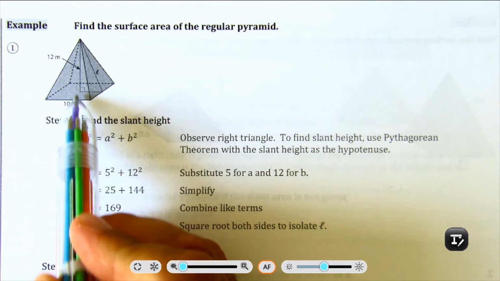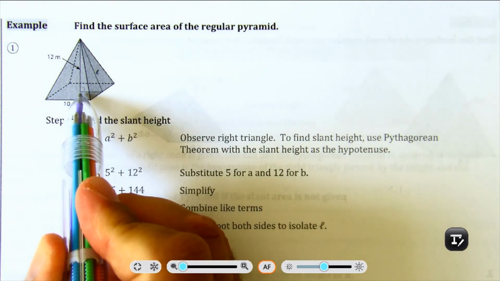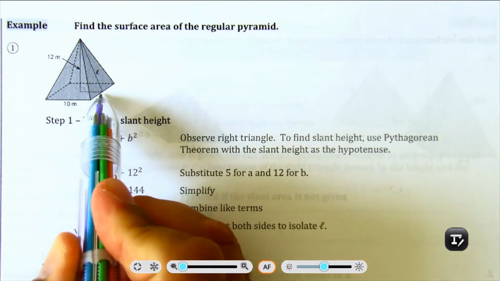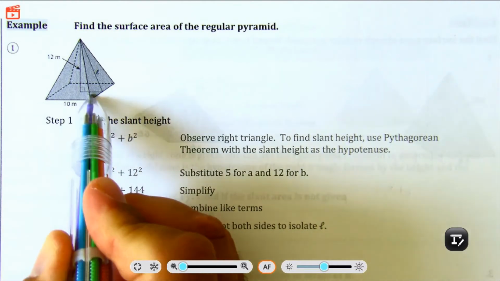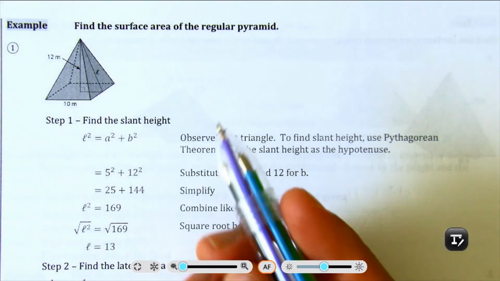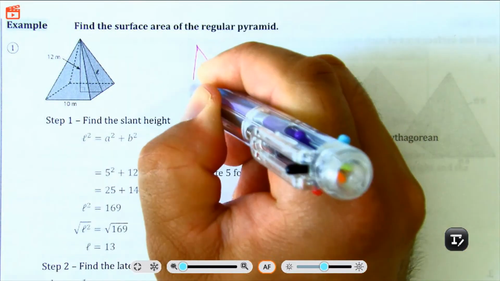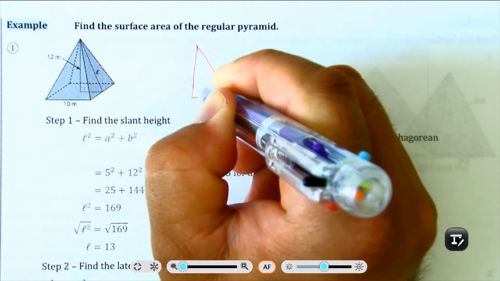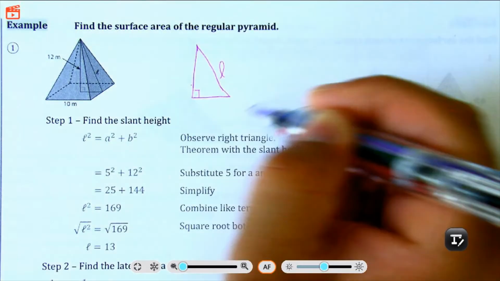Now, the distance from the center of the base to the outer edge is half the distance of the entire length, so this piece has to be 5. So I'm going to redraw that triangle on the side. This is the slant height, this is 5 and this is 12.